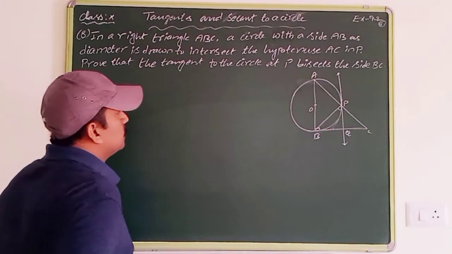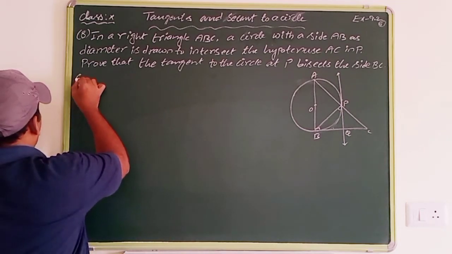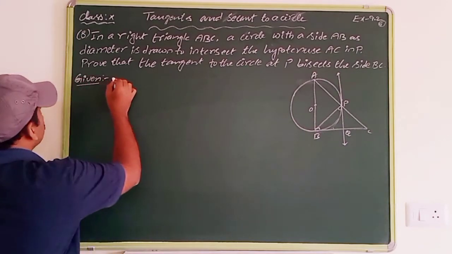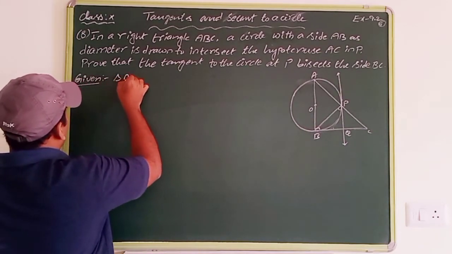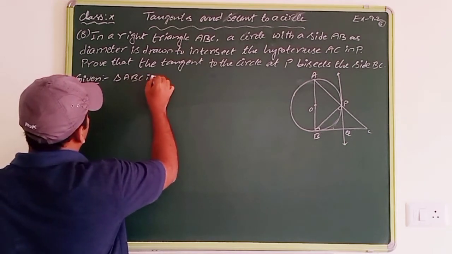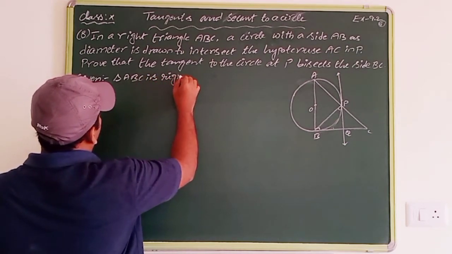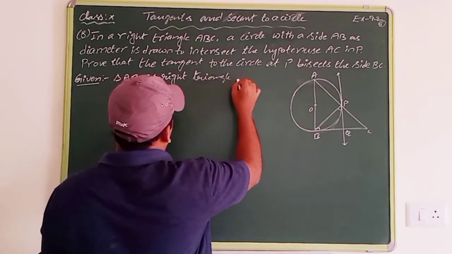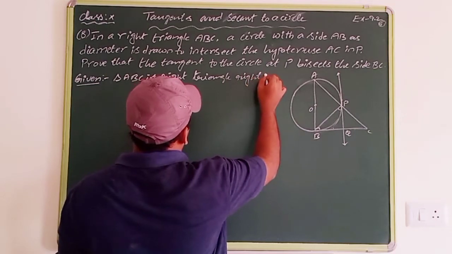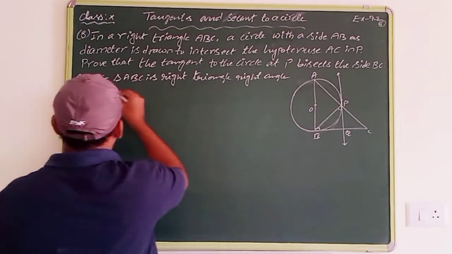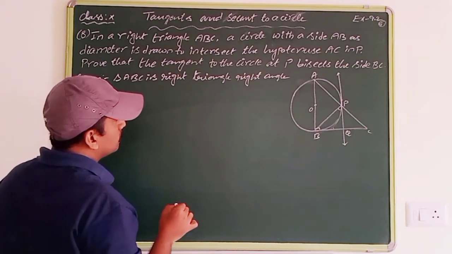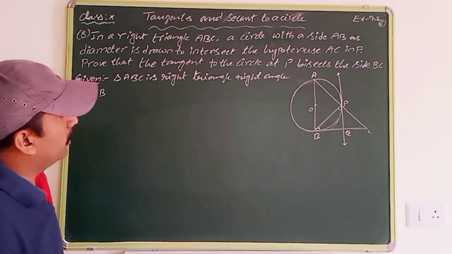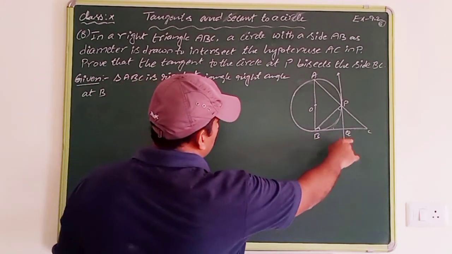So how is it? Just you can see. What is given in the question? What is given? Triangle ABC is a right triangle, right angle at B. And AC is the hypotenuse.